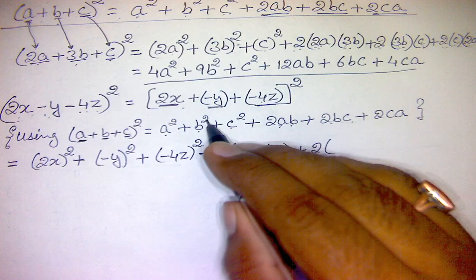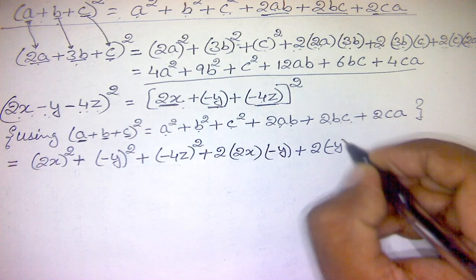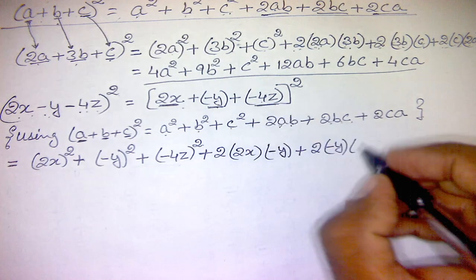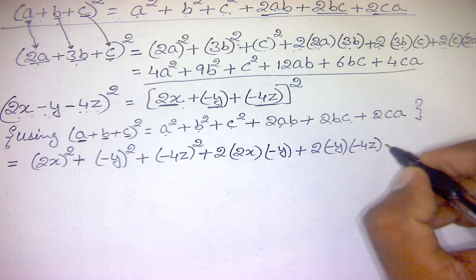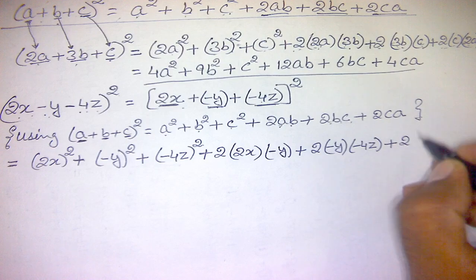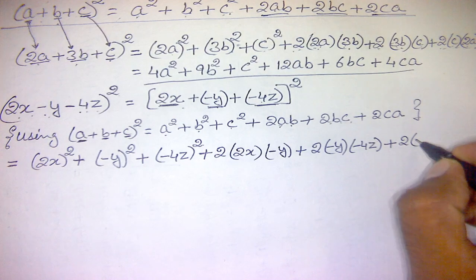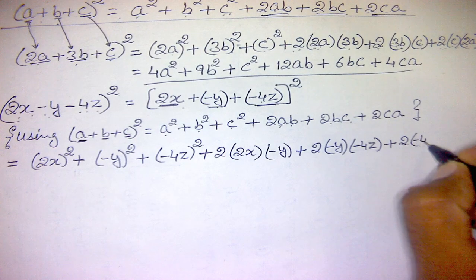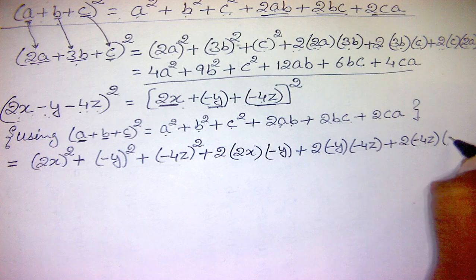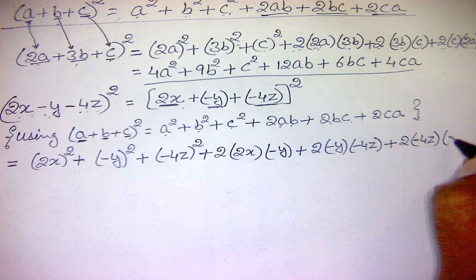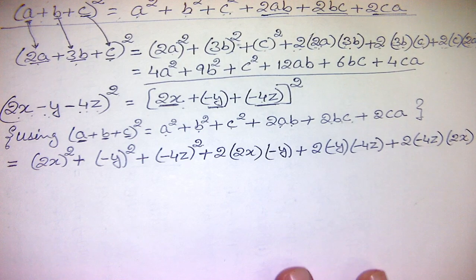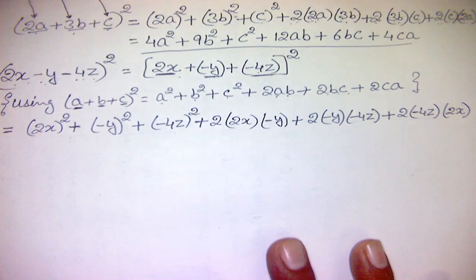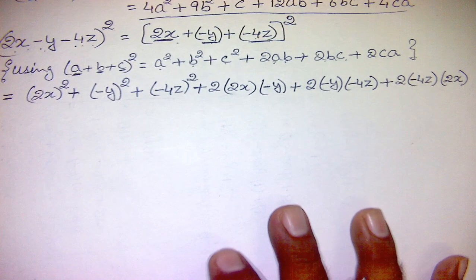Now what is b here? b is minus y, and what is c? c is minus 4z, then plus 2ca. So c is minus 4z, and what about a? a is 2x. So after writing this, now we try to simplify it further.